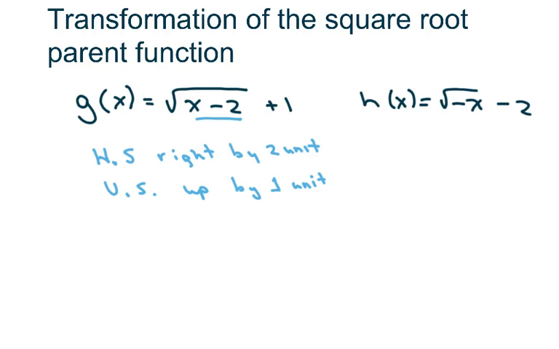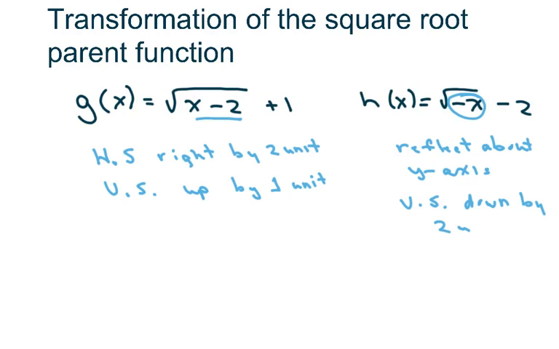And for this one, it's going to be this negative in here. It's going to be a reflection about the y axis. And we're also going to do a vertical shift downwards by 2 units.